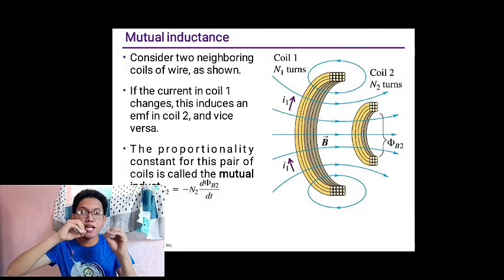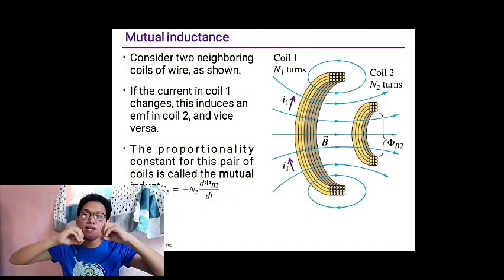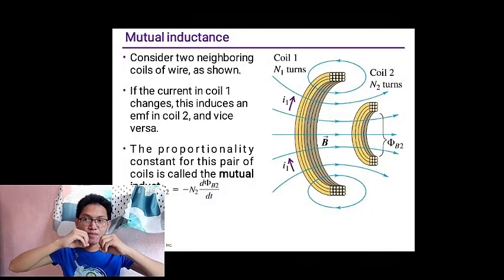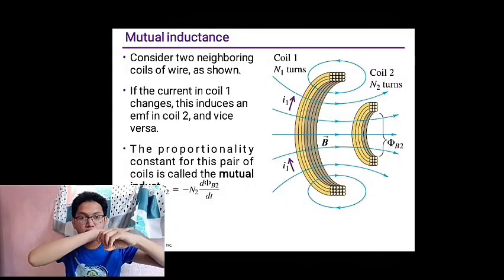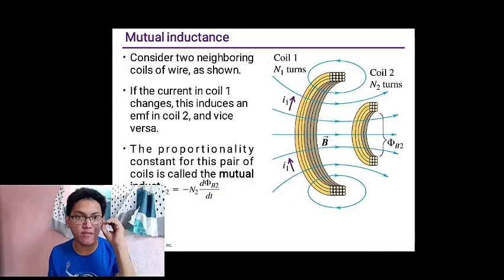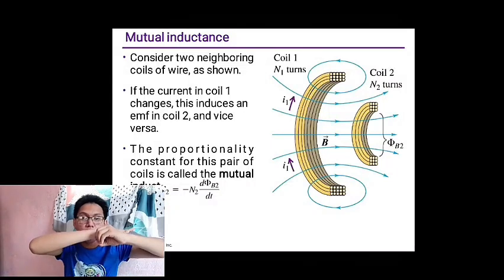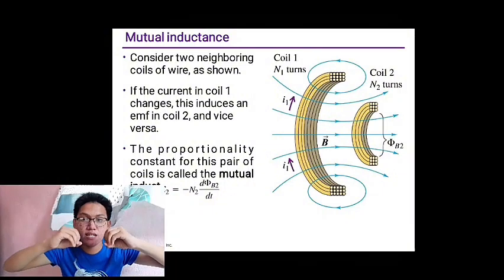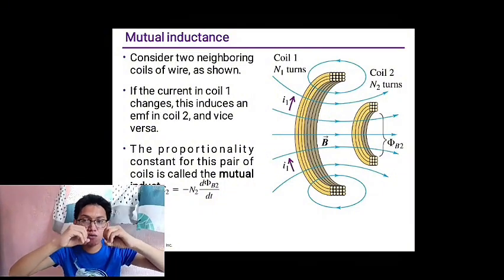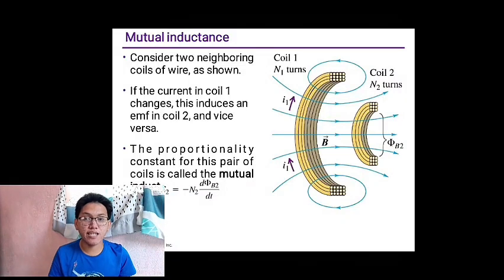So if the current in coil 1 changes with time, the magnetic field it produces also changes. This changing magnetic field passes through coil 2, producing a changing magnetic flux in coil 2. As a result, an EMF is induced in coil 2 even though the two coils are not electrically connected.